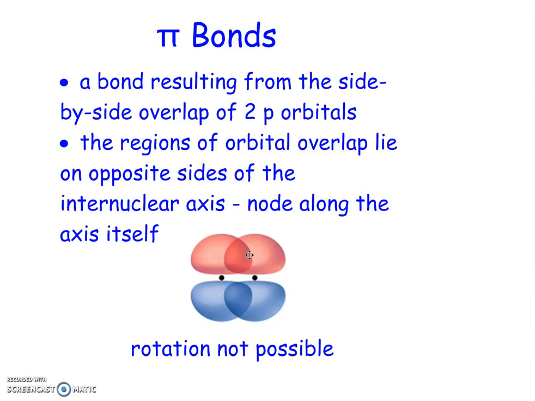So the regions of orbital overlap lie on opposite sides of that internuclear axis, not along the internuclear axis itself. When I have a pi bond, there's no rotation around that pi bond possible. Again, that's going to play a big part when we look at how molecules actually move.